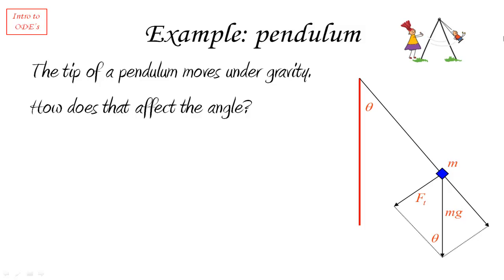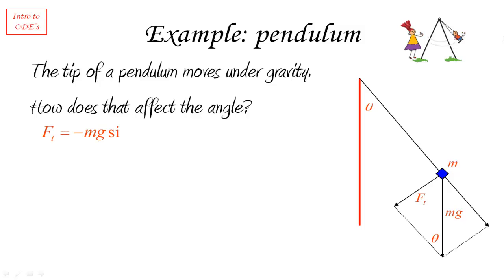All right, now notice that the angle theta that the string makes with the pole at any time is going to be exactly equal to the angle theta that you see at the bottom of that picture there, because it's formed by parallel lines. Okay, so we can use this to set up some equations.